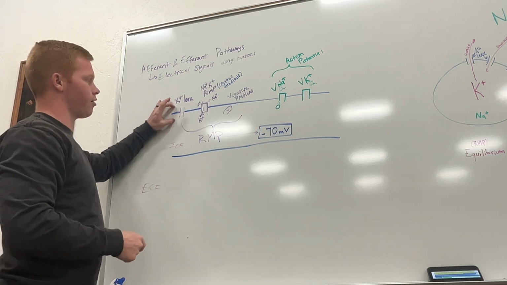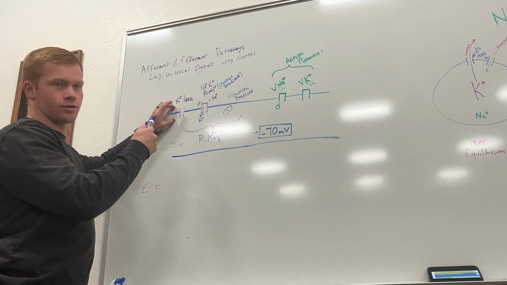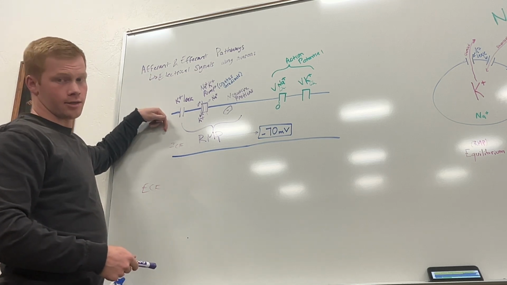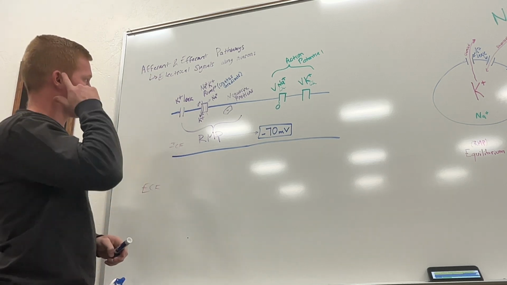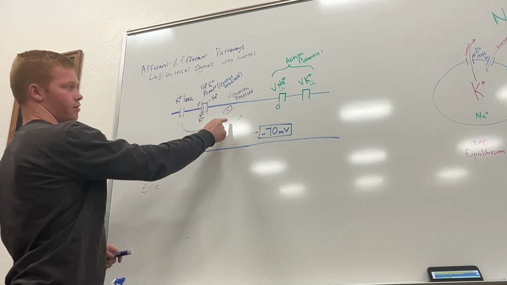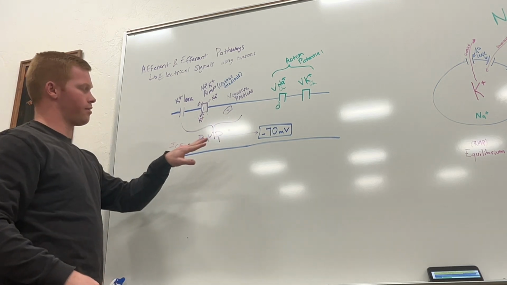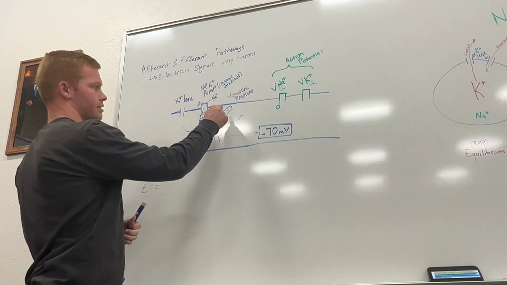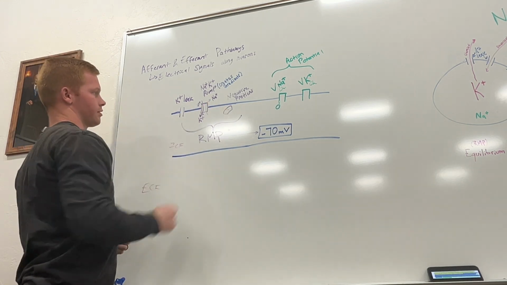It moves out due to the concentration gradient, and it moves in due to the electrical gradient. We'll talk a little bit more about that in a second. But also inside the cell, the biggest contributor to the -70 RMP is these negatively charged proteins.